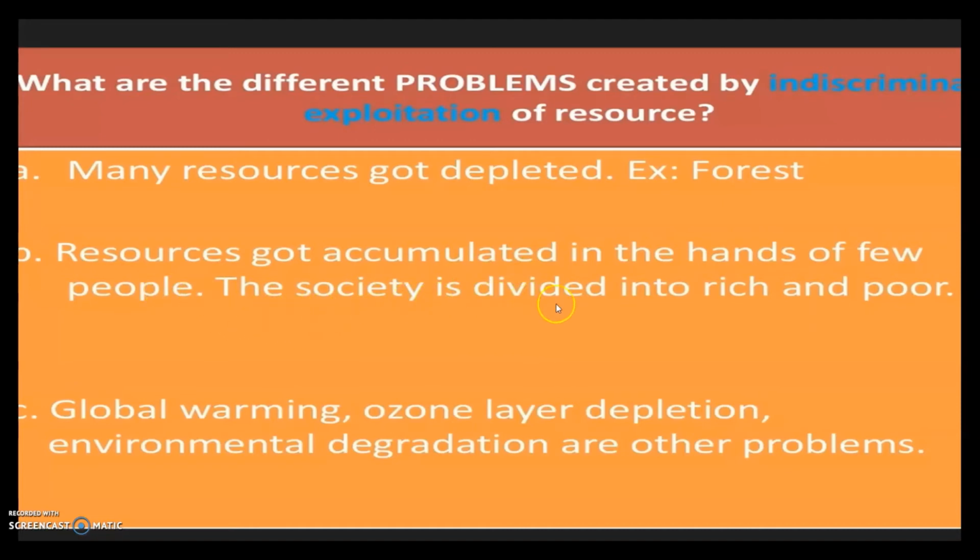So the society is divided into rich and poor. There is a wide gap between the haves and have-nots. Okay. Then third one, global warming, ozone layer depletion, environmental degradation are the other problems created by the indiscriminate exploitation of resources. This is a very important question.